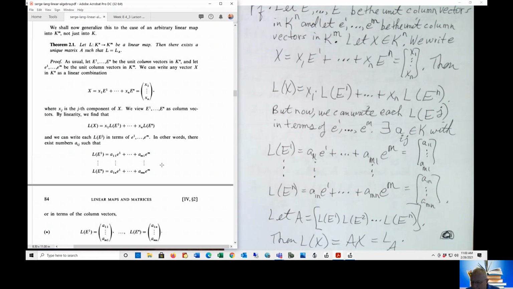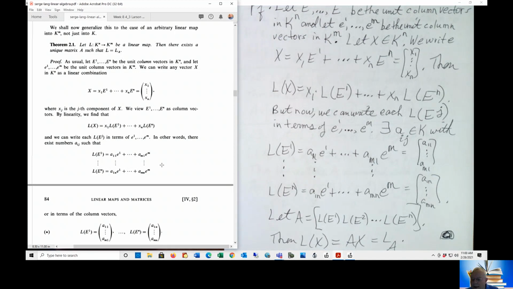So writing that as a column, what is it? a11 all the way down to a sub m1, dot dot dot, all the way down to L of en equals a1n little e1 plus dot dot dot all the way to plus a sub mn little em, written as a column, that is a1n down to amn.